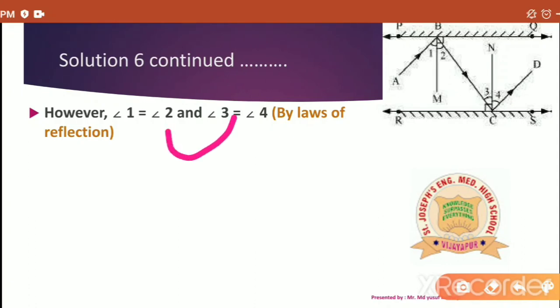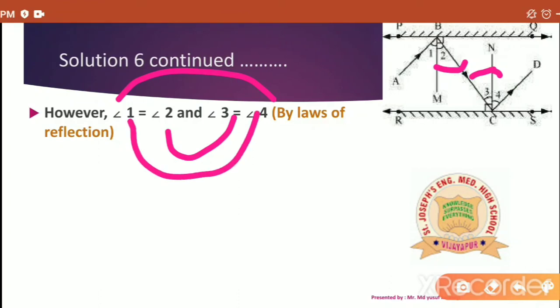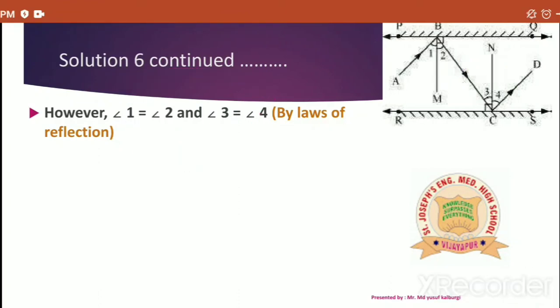We have proved it. How? By alternate interior angles. Now, can I say that all the angles are equal? Yes. Angle 1 is equal to angle 4, angle 1 is equal to angle 3, and angle 2 is also equal to angle 3. That means all the angles are equal to each other.